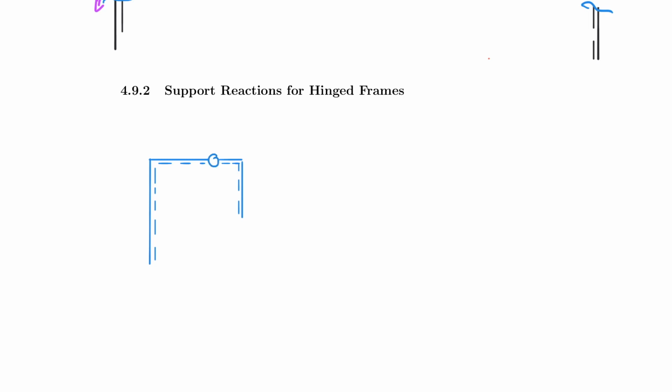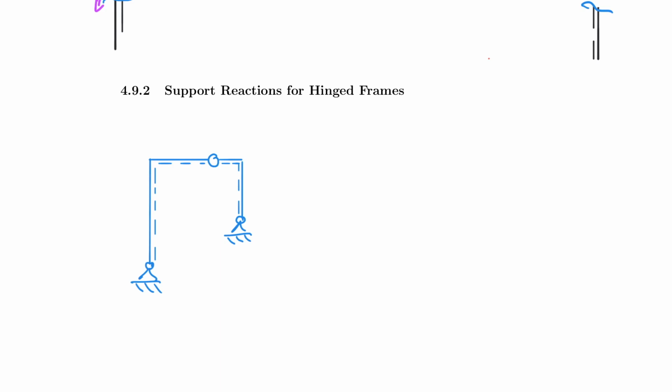And now I need four support reactions, because if, for example, this support here, what I call A, were a roller, this hinge would allow the system to slide out left and right. So this would be a kinematic system and we could not solve anything. Therefore, I have to erase my roller support here and turn it into a pin.